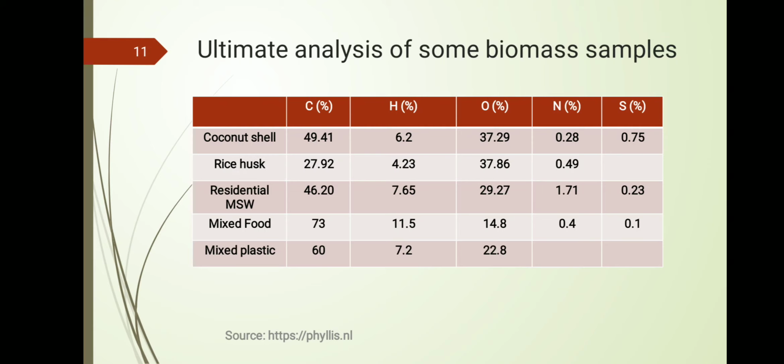Then municipal solid waste also has high carbon and oxygen content. Mixed food is very high in carbon but has less oxygen. And plastic also has 60% carbon and 22% oxygen. So carbon and oxygen are very, very important. Hydrogen also will be there in considerable amount, but nitrogen and sulfur we can neglect.